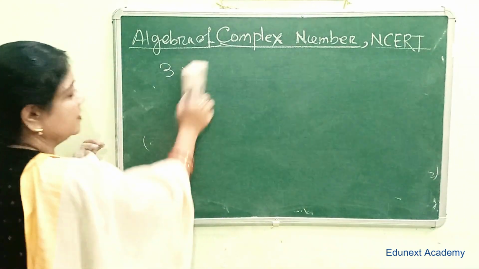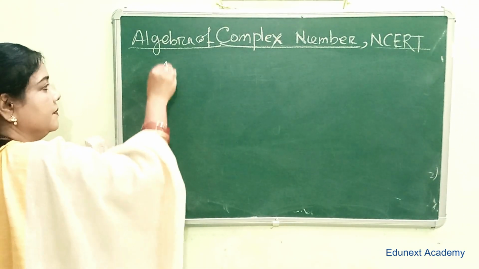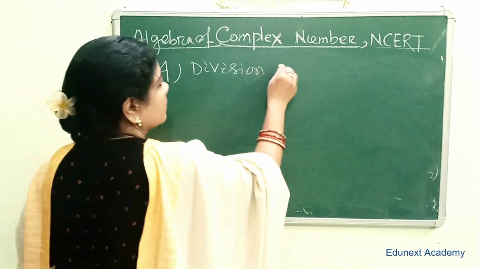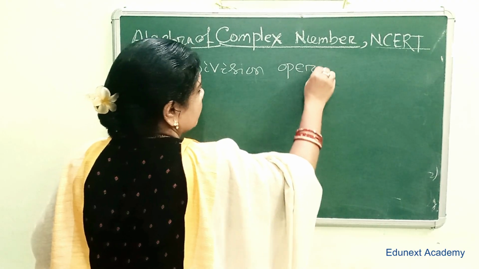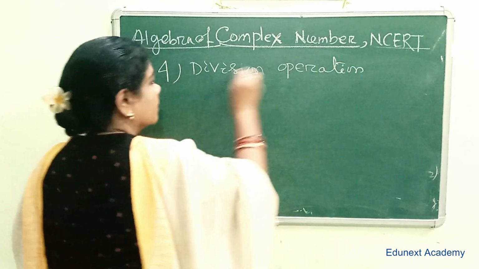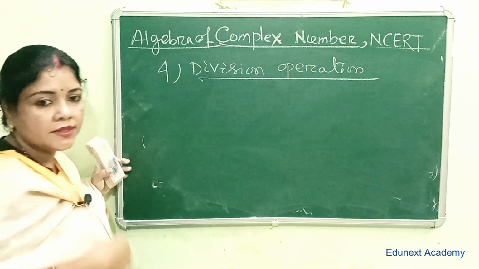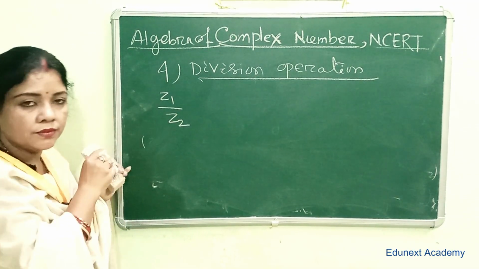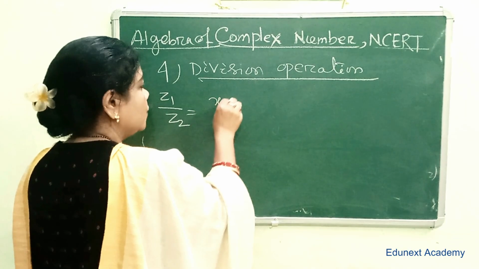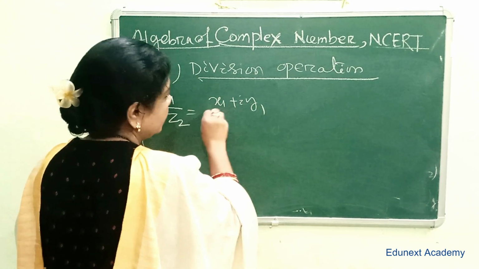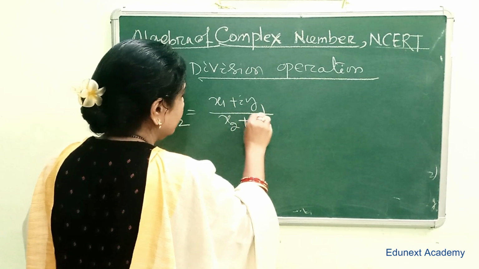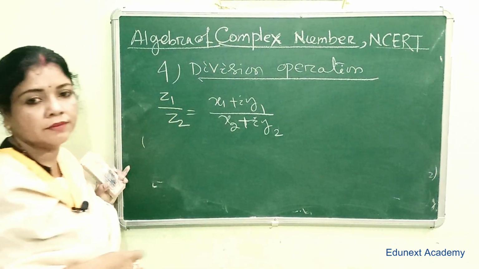Next is the division operation, that means z1 by z2, that is x1 plus iy1 divided by x2 plus iy2.